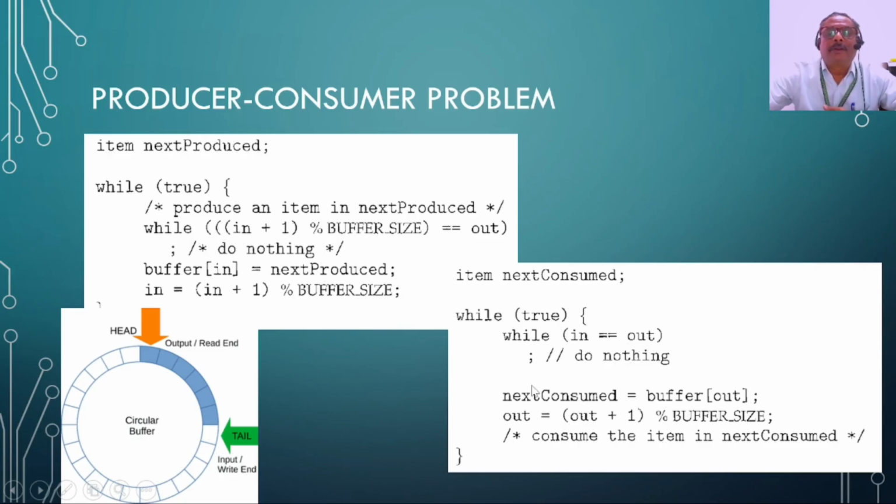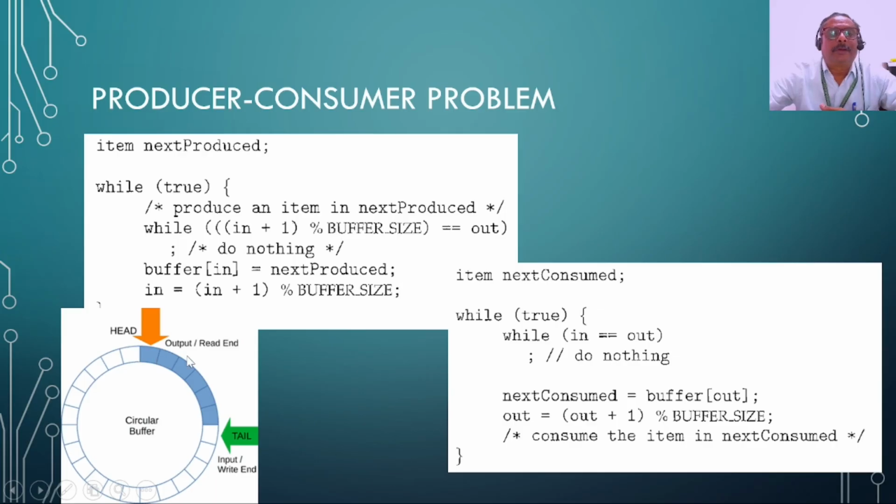This also continues to do. If in is equal to out, that means both of them are showing the same thing, then there is nothing to read. The whole buffer is empty. And if they are not equal, that means the in has shifted to the next location, out is still in the first location, so we have written at least one data onto the buffer.